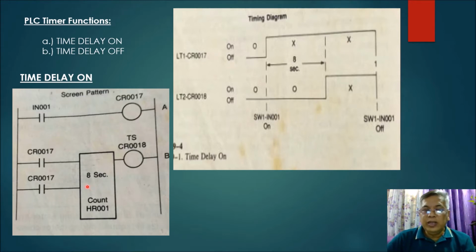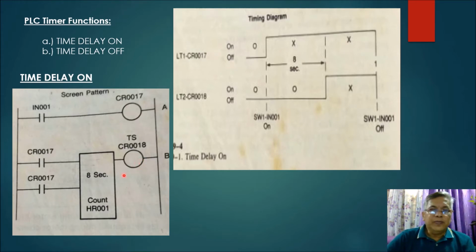Now, when it reaches the 8-second set time, your CR018 will be energized. So CR018 will only be energized after 8 seconds when your input 001 is energized. That is why we call it time delay on, no? So there is a delay, which is 8 seconds. When you turn on input 001, there is a delay. After 8 seconds, CR018, which is your final output, is turned on also.